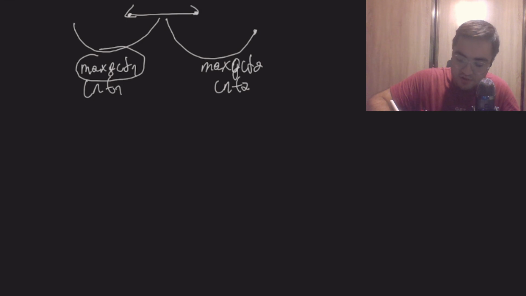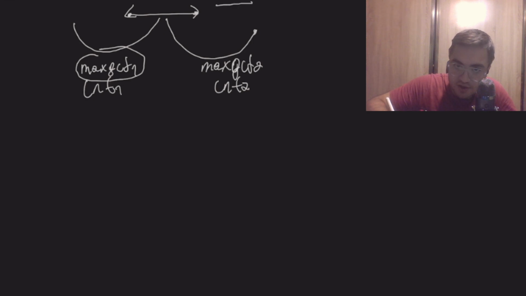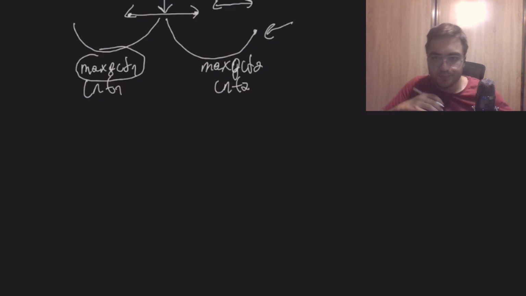So how do we count the answer when we are swapping such segments? This is what we're left to do, because if the left and right endpoint are in the same half, then we have already counted these answers when we were looking for the answer in that half. So the only thing left is to count all these answers, right? So let's try to understand how we can do it.